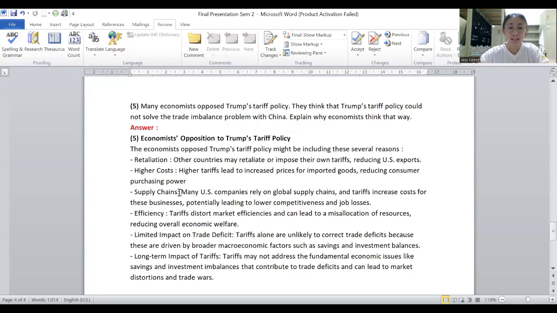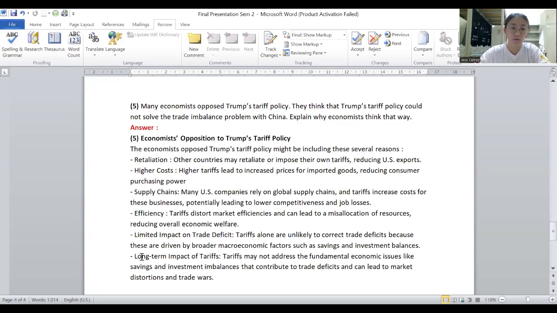Efficiency: tariffs distort market efficiencies and can lead to a misallocation of resources, reducing overall economic welfare, with limited impact on the trade deficit. Tariffs alone are unlikely to correct trade deficits because these are driven by broader macroeconomic factors such as saving and investment imbalances.